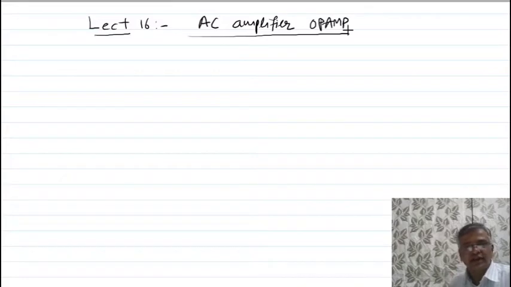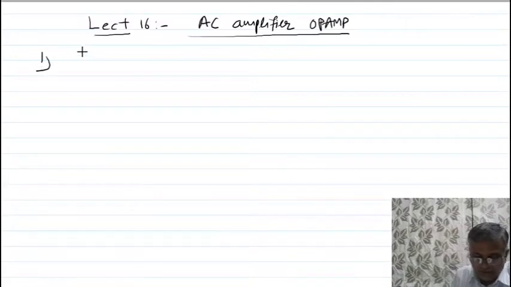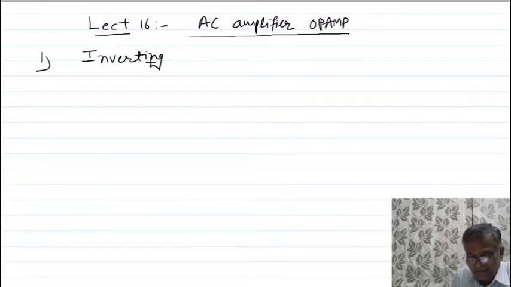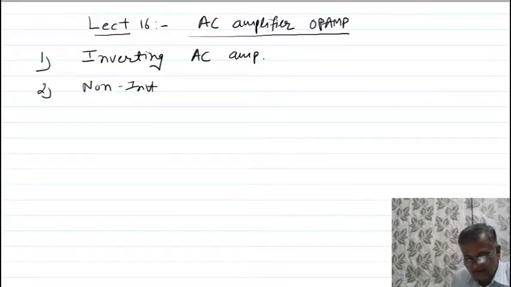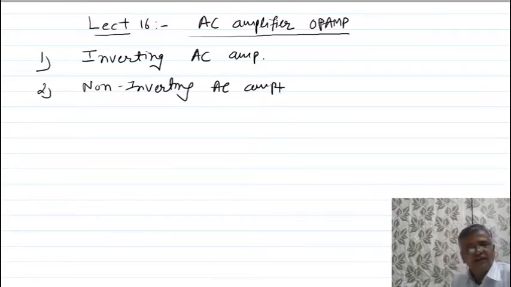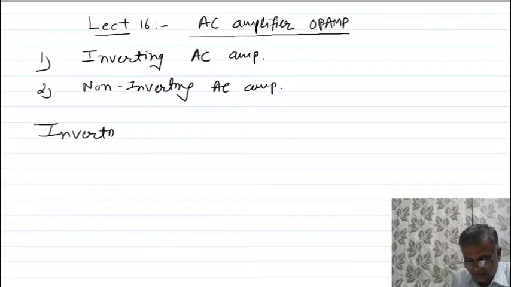Now there are two types of AC amplifier: first is the inverting AC amplifier, second is the non-inverting AC amplifier. First we are discussing the inverting AC amplifier.